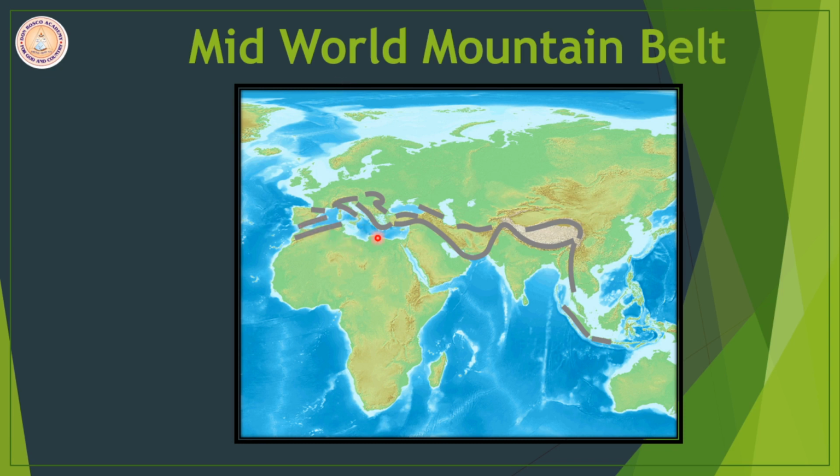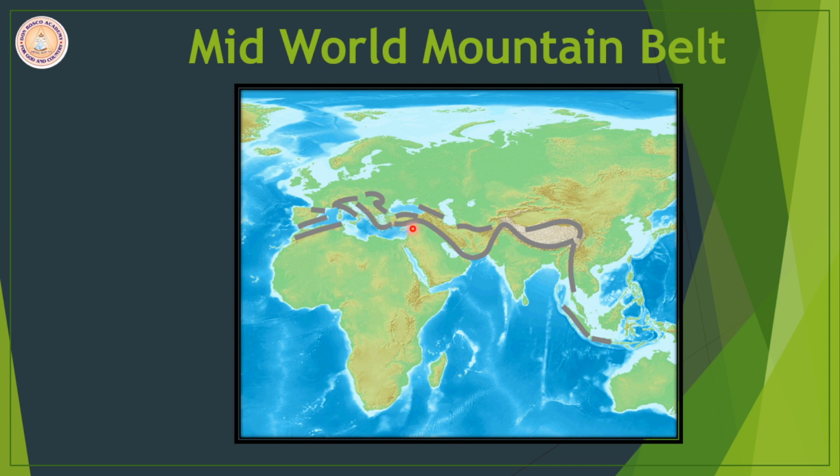Here you can see on your screen the mid-world mountain belt. It starts from the western part of Europe and Africa. Several active volcanoes are found, like Stromboli and Etna in the peninsula of Italy.